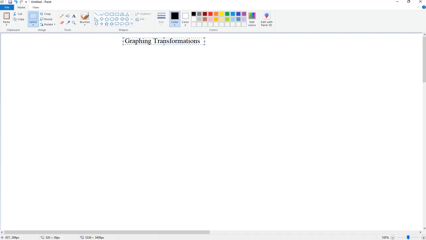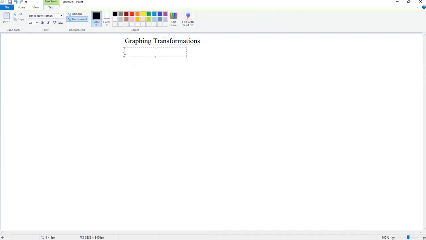Hey everyone. We are finished with our systems of equations lesson, so we're going to be moving on to graphing transformations. A transformation is moving a shape or a point on a graph anywhere, but not changing the shape. This is one of the most important parts of a transformation.